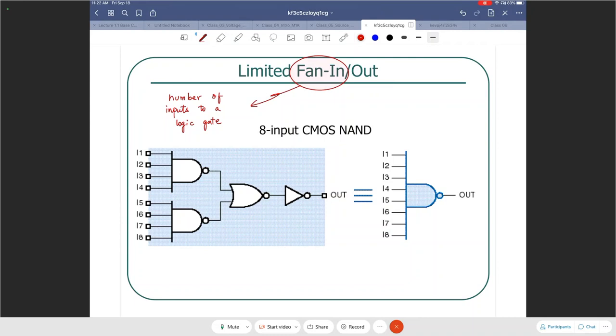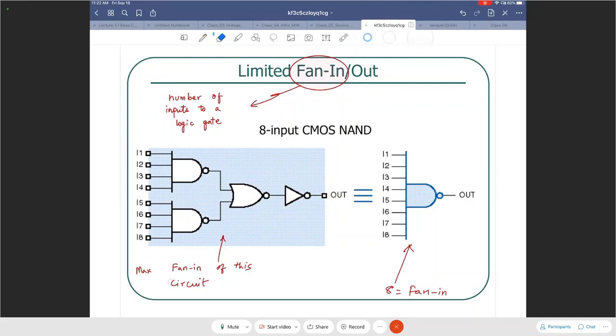So for example, what is the fan in over here? Eight. How about here? What is the fan in? So let's see, maximum fan in of this circuit.